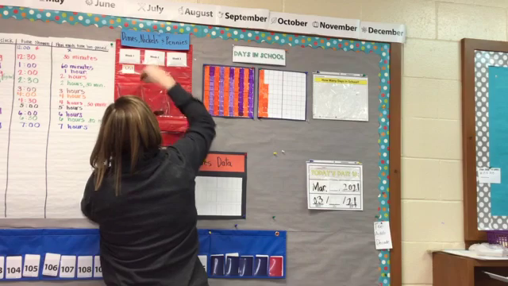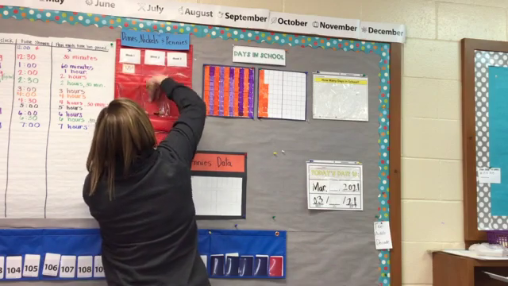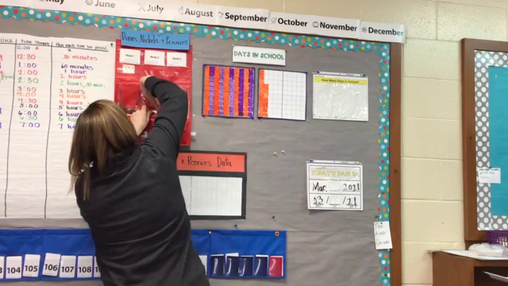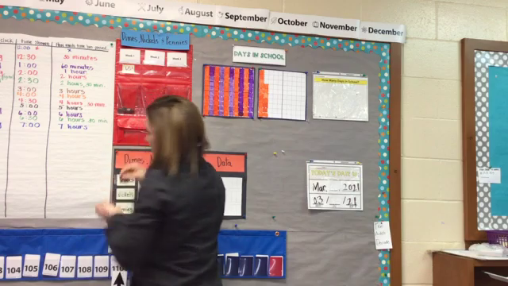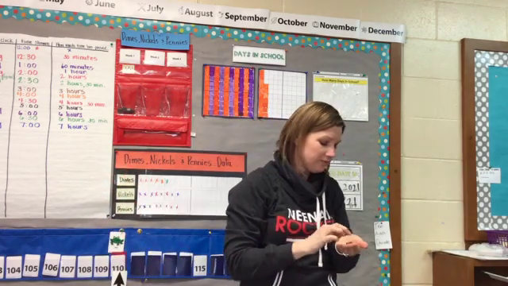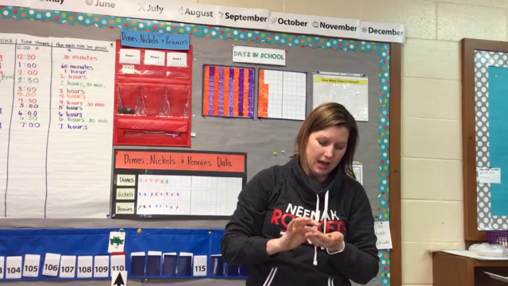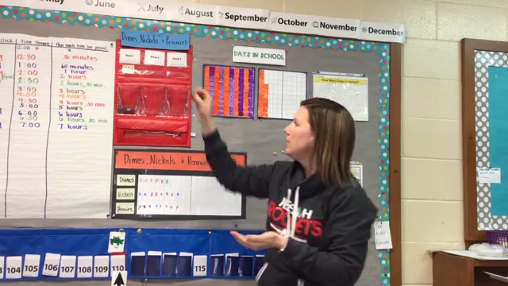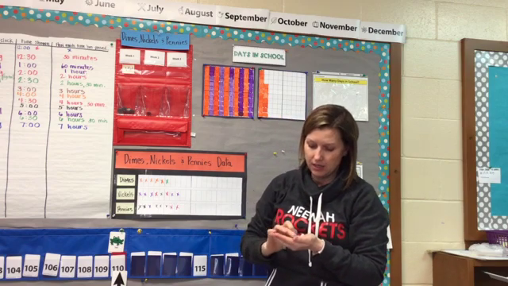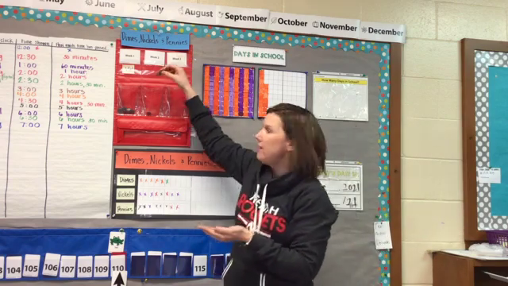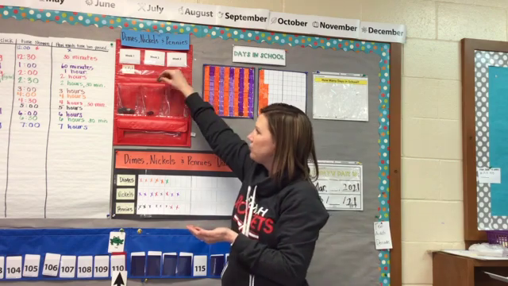So I just have to get all of our money out so we can count it. And that little penny stuck in there. Okay. All right, so let's see what we've got. All right, we have 1 dime, so 10. Now we'll count our nickels. So plus 5 more, 15. Another 5, 20.